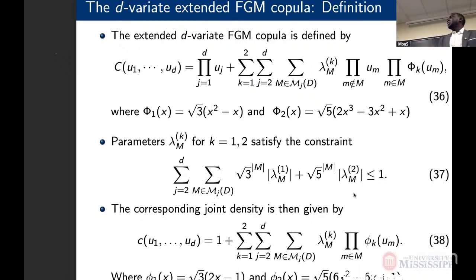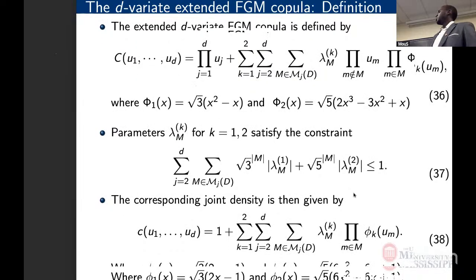And the parameters lambda k,m for k equals 1, 2 satisfy the constraint given by 37, which is necessary for the function given by 38 to be a density of the copula. So for this density to exist and to make sense, we need condition 37 to be satisfied. So if all these hold, then we have a d-variate extended FGM copula.